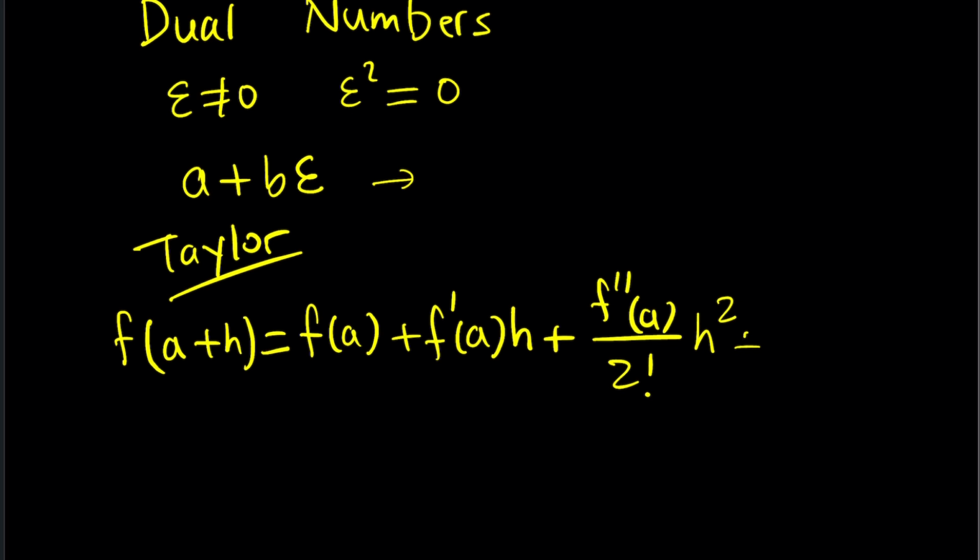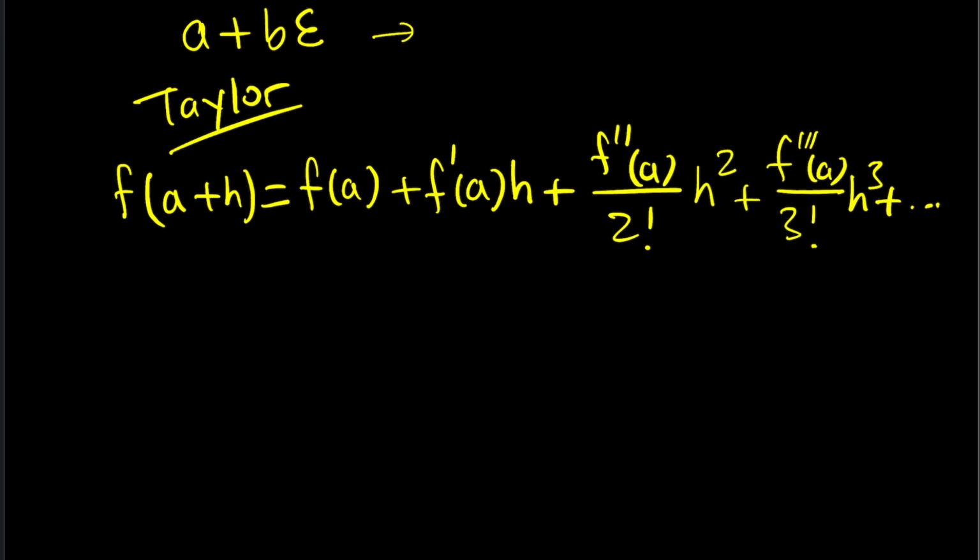So hopefully you get the pattern, and the next one is going to be f triple prime a, divided by 3 factorial times h cubed, and so on and so forth. That goes on forever. Obviously, this is an infinite polynomial because we can do this for any function that is differentiable at a, infinitely many times, of course.